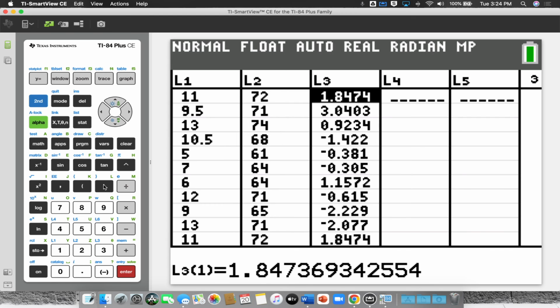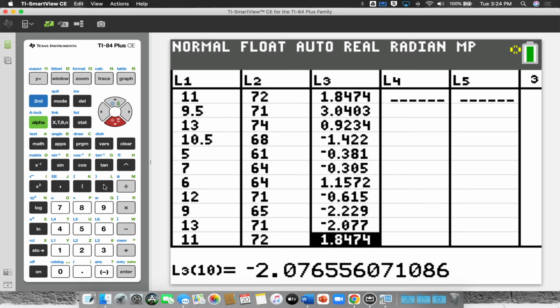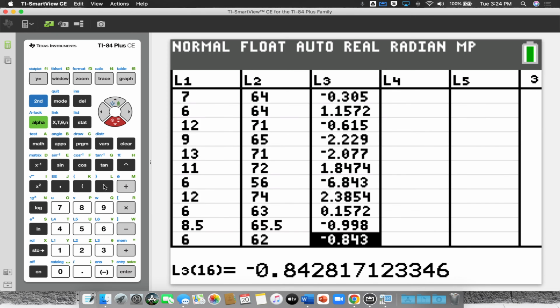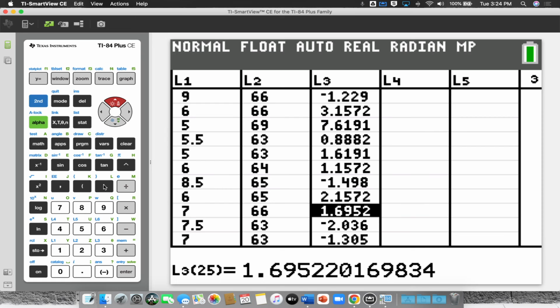Okay, then look up here. Don't worry about your calculator if it's causing issues. Shoe size of 7, 66 inches. We said that was 1.695.